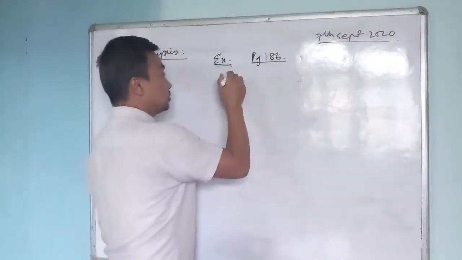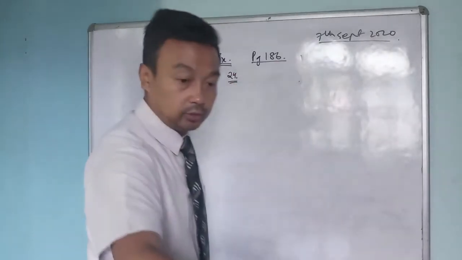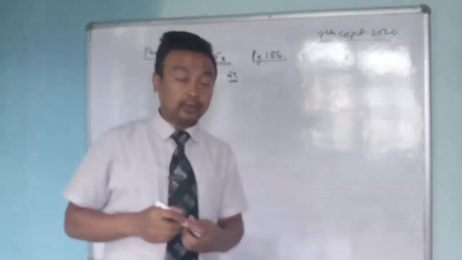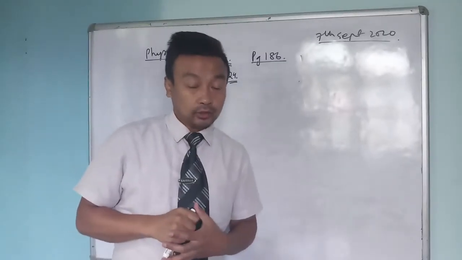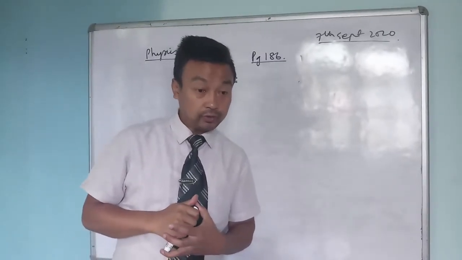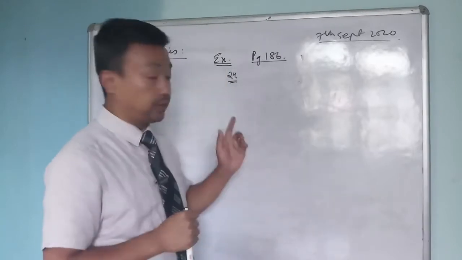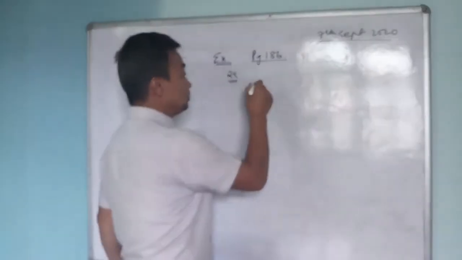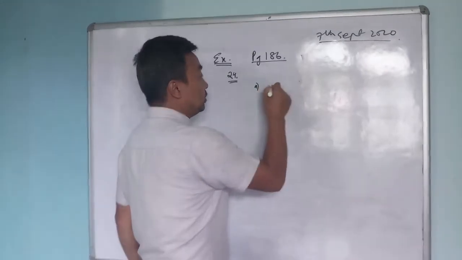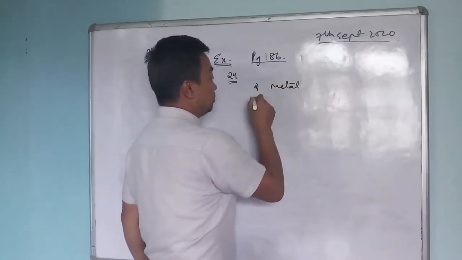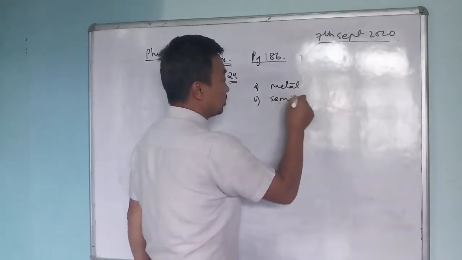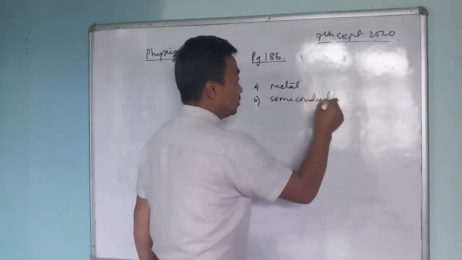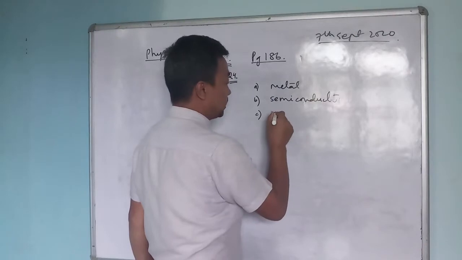Look at question number 24. If I read this question, you have to write down the order of the specific resistance of the following. Number A is a metal, number B is the semiconductor, and number C is an insulator.